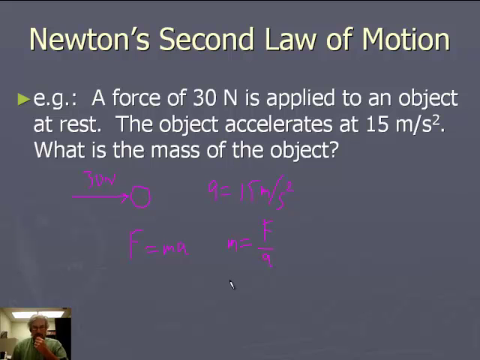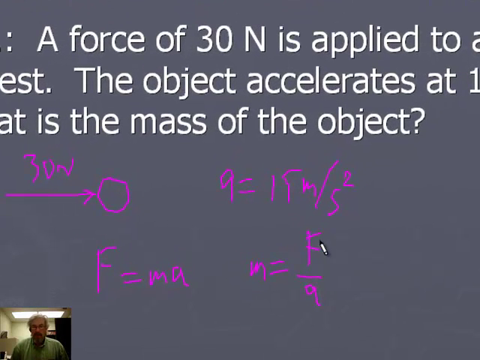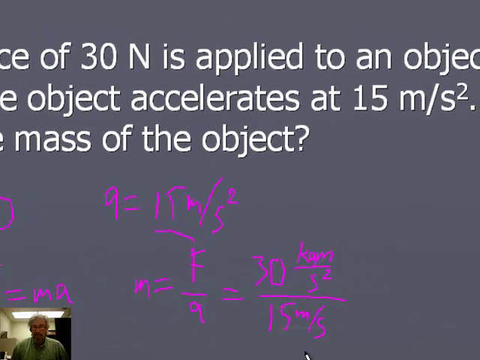So my plan for solving this problem will be, I'm going to plug in my force, 30 newtons, but remember newtons are kilogram meters per second squared. That's F, but I'm supposed to divide by acceleration, which I'm told is 15 meters per second squared. Well, look what happens to the units. Meters drop out.